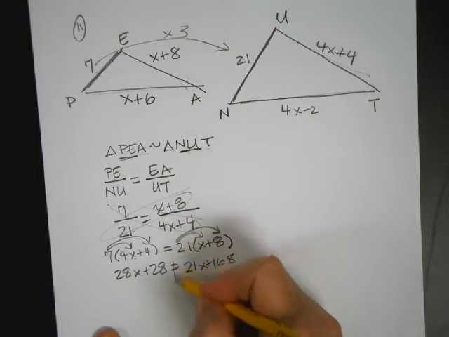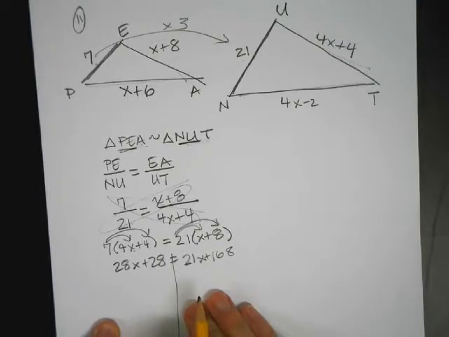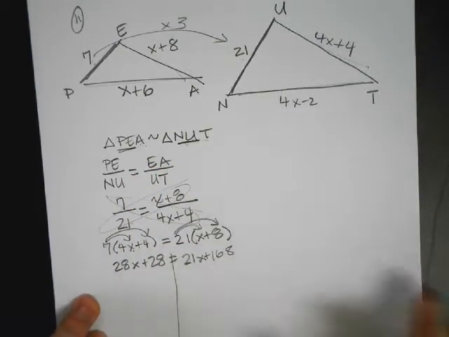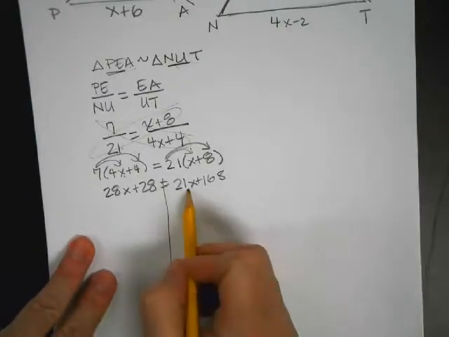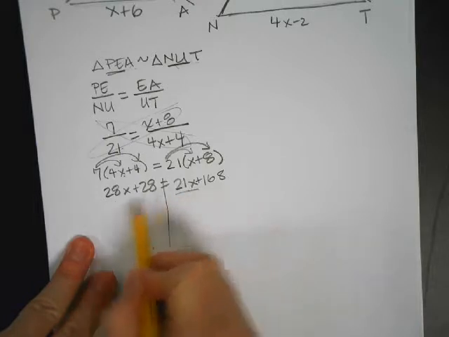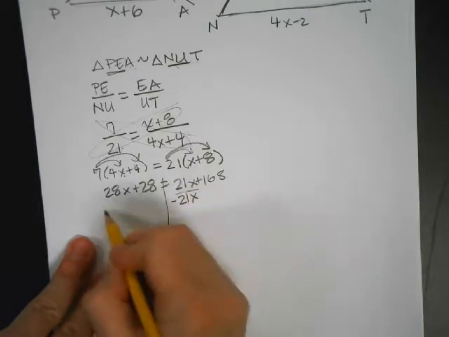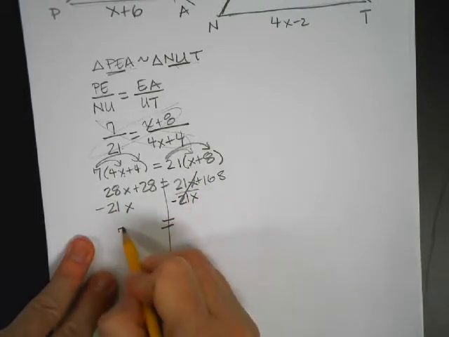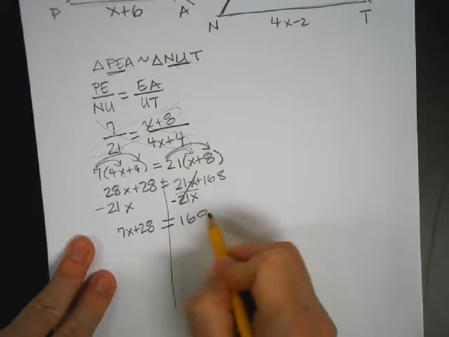Okay, I've got x's on both sides, and by the way, I'm going to do this a second way, and if you can understand the second way that I do it, you can skip some of these steps. So I've got x's on both sides. 21x is smaller than 28x, so I'm going to get rid of it. That's going to give me 7x plus 28 equals 168.